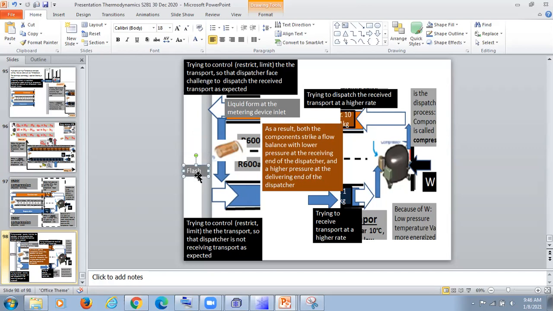So let's say end here, flashed liquid. This is flashed. So here becomes low pressure, low temperature. This is the striking of the balance. This side becomes high pressure, high temperature.